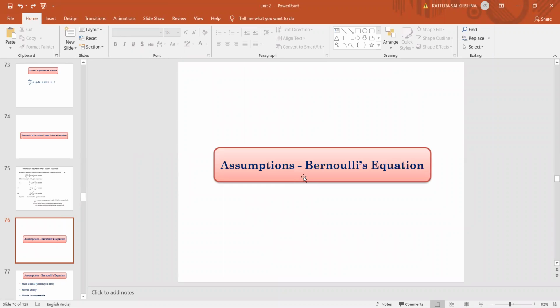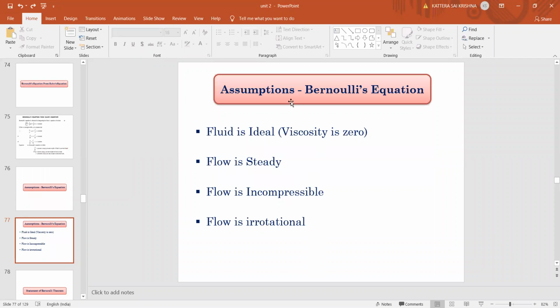The flow is steady, which means there won't be any change in the characteristics with respect to time. We also considered that it is incompressible, meaning density is constant, and the flow is irrotational, meaning we don't have any rotational flows.